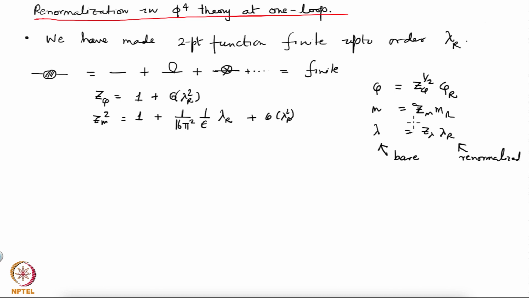So when you take epsilon going to 0, which is basically going to 4 dimensions, then m becomes infinite. At the cost of making these bare parameters infinite, we are able to renormalize the theory such that phi r, m r, and lambda r are finite objects.